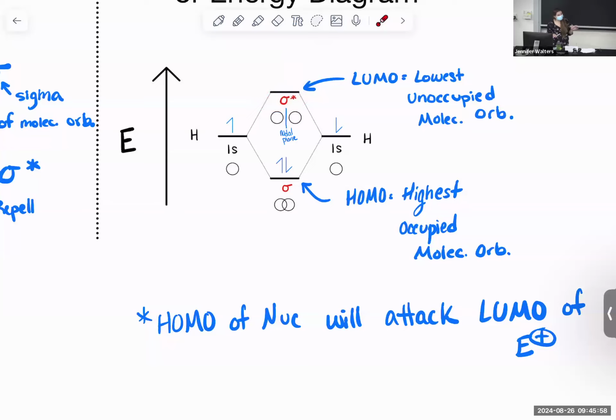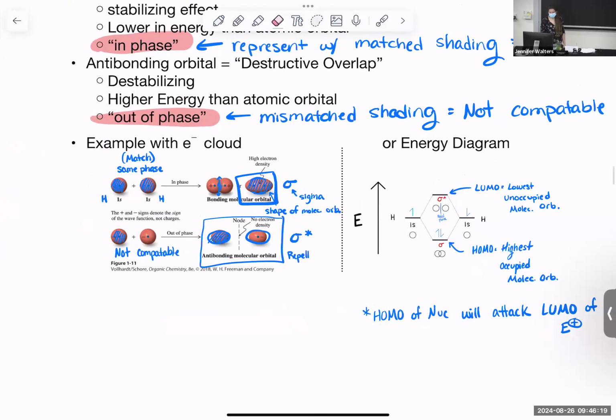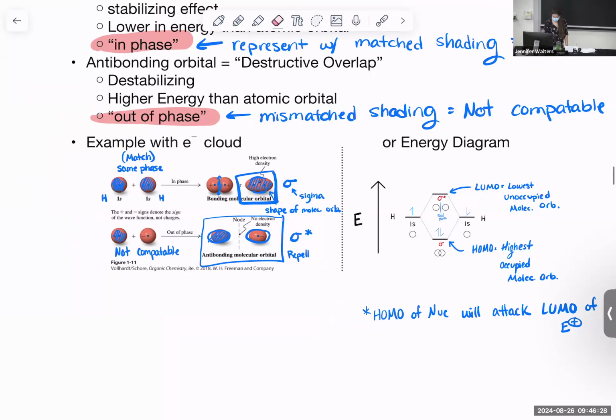If I don't want to break the bond and I want the bond to exist, you keep electrons in the sigma and leave the sigma star empty. You want to keep that LUMO empty for your molecule to exist. Well, it should be the antibonding orbital is actually the better definition. Putting electrons into the sigma star or into the pi star is going to break bonds. Electrons in our bonding molecular orbitals retain bonds.